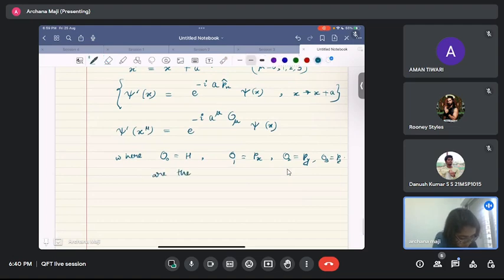These are the corresponding time translational and spatial translation generators.